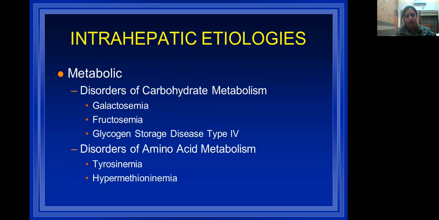Now, metabolic disorders. There are multiple metabolic disorders, and these can be divided into disorders of carbohydrate metabolism, amino acid metabolism, and lipid metabolism. Disorders of carbohydrate would be galactosemia, fructosemia, and glycogen storage disorder type 4. Disorders of amino acid include tyrosinemia and hypermethioninemia.